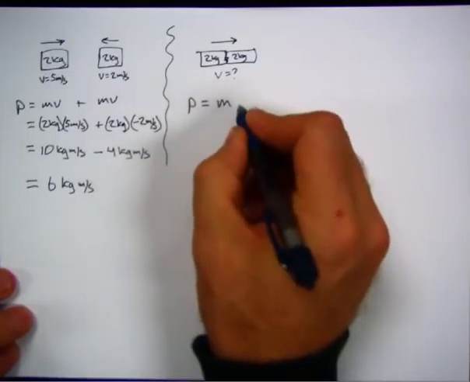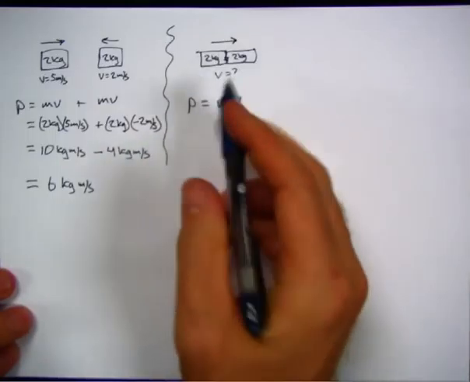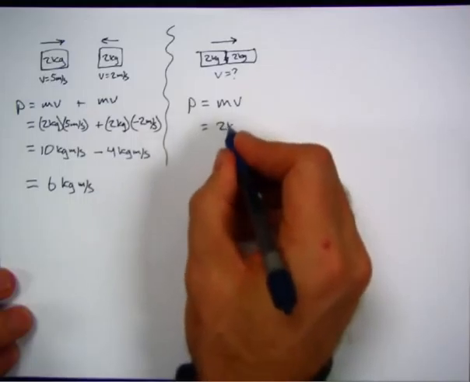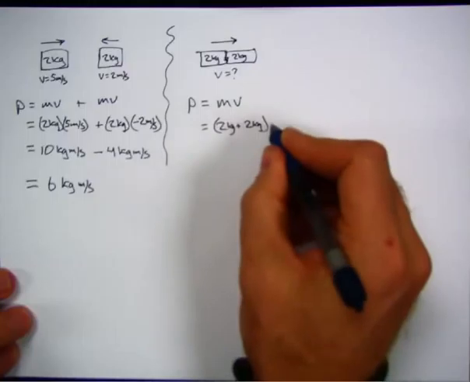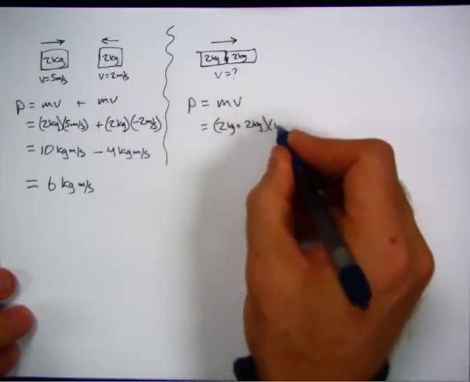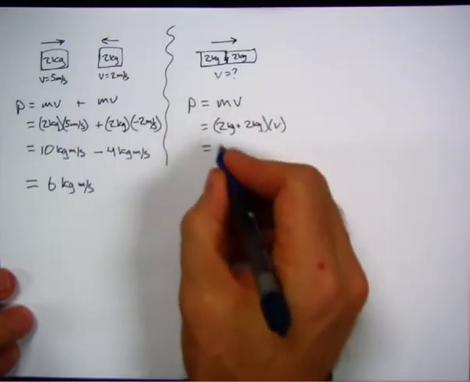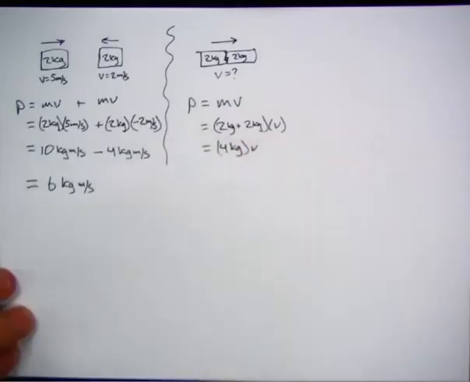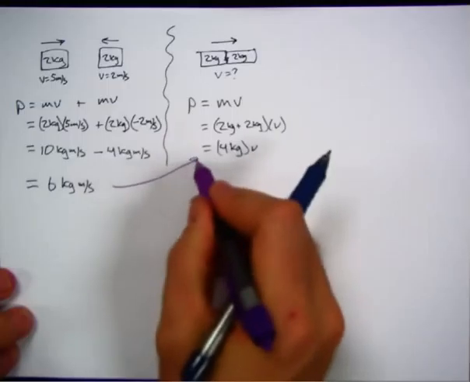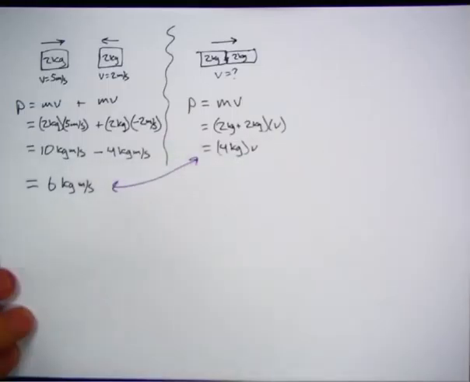Momentum is mass times velocity. Because these are all stuck together, I'm going to have 2 kilograms plus 2 kilograms times my unknown velocity. So I'm going to end up with 4 kilograms times the velocity. And again, conservation of momentum says the momentum beforehand and the momentum afterwards are going to be equal.